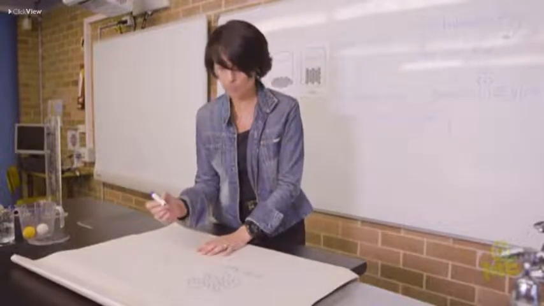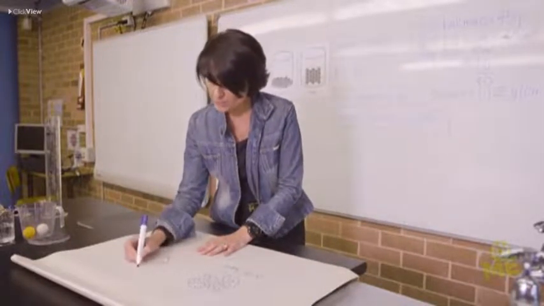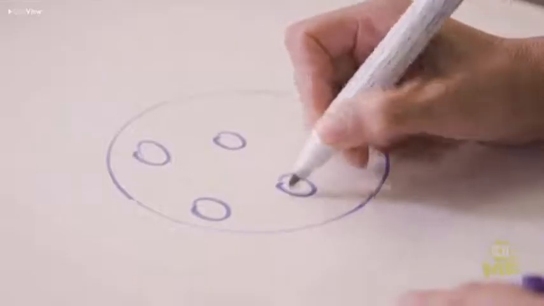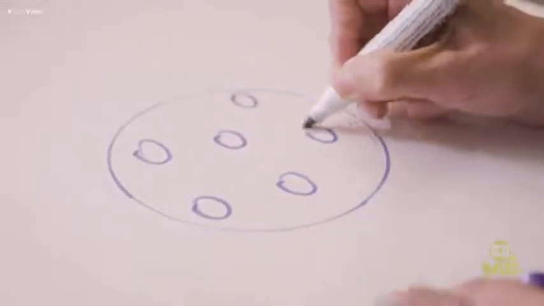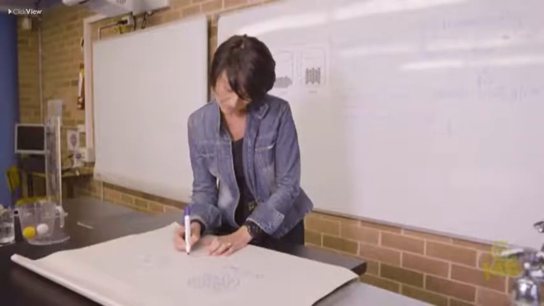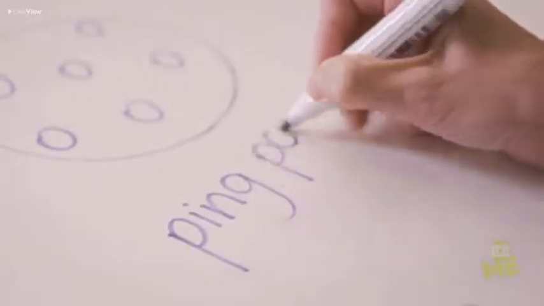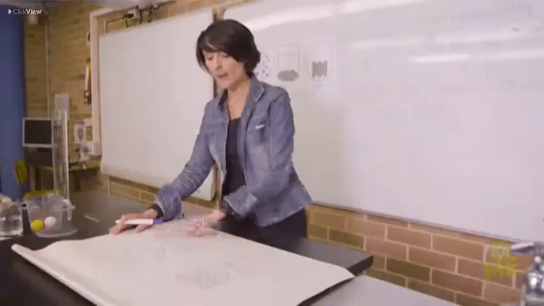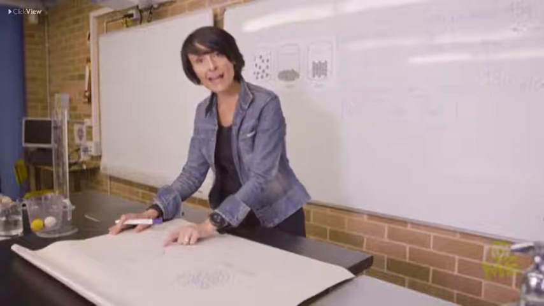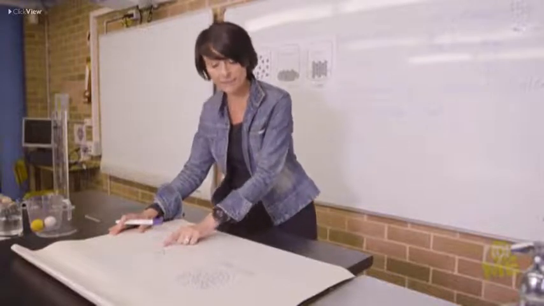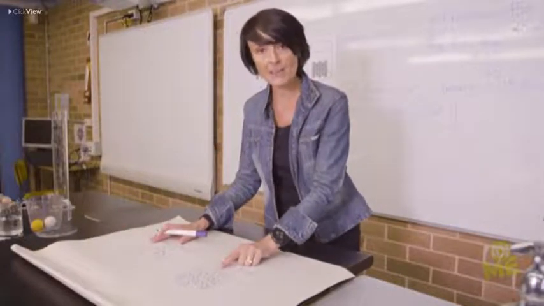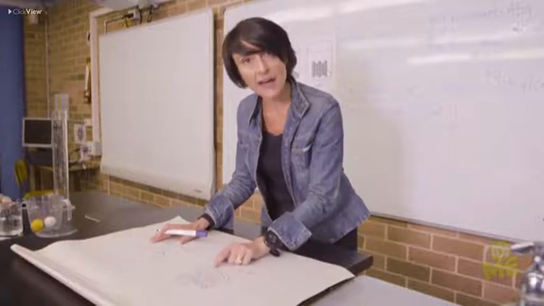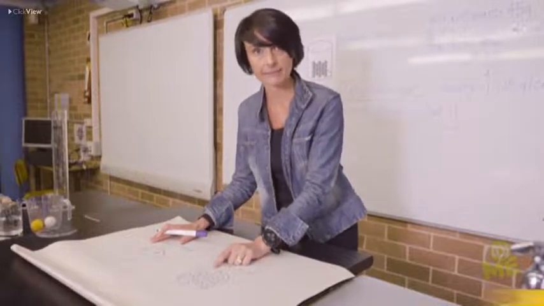My ping pong ball particles would be further apart. So the ping pong ball that has particles that are further apart has a lower density, and the golf ball that has particles closer together has a higher density.